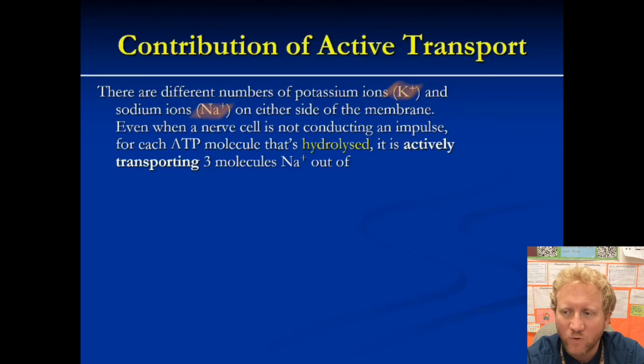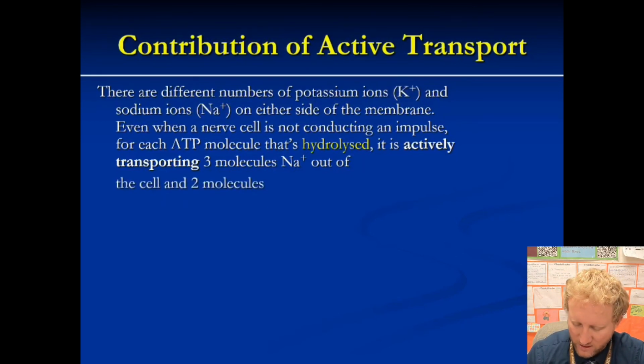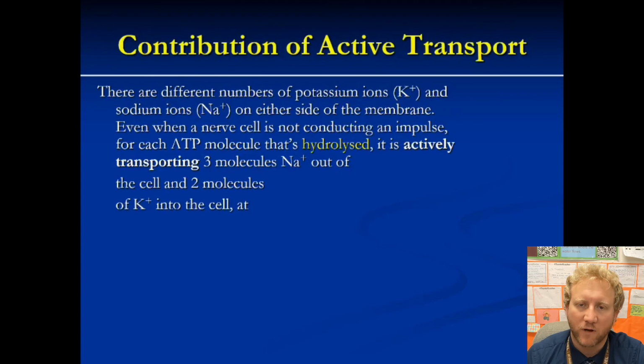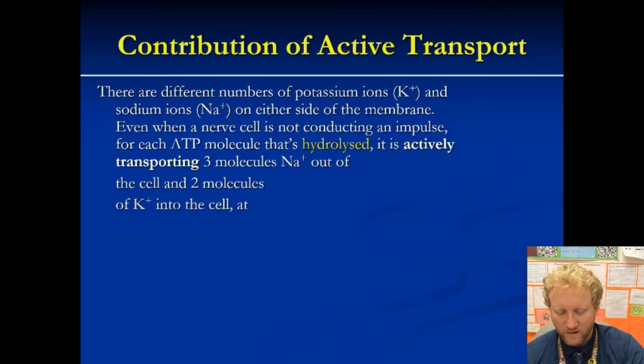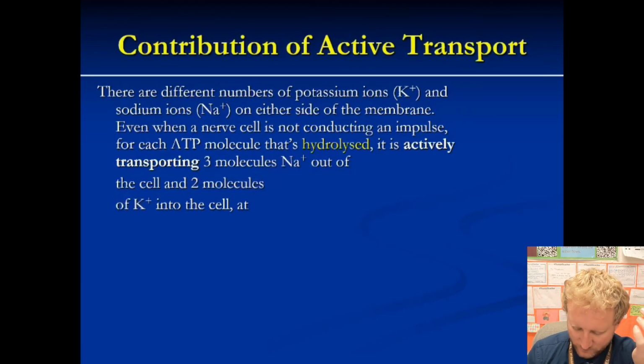You'll see that when you do the modeling activity in a little bit. ATP is going to be used on a particular type of protein. It's going to move in 2 molecules of potassium, and it's going to move out 3 molecules of sodium.